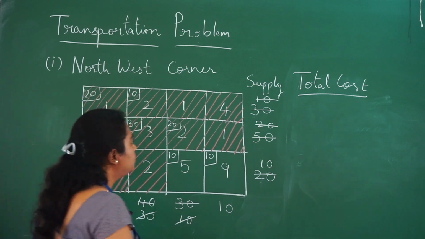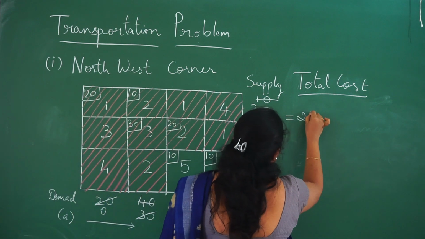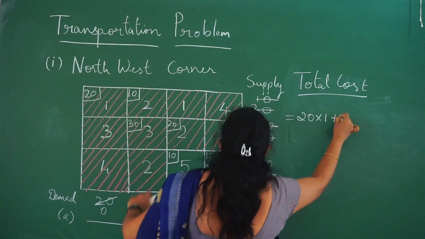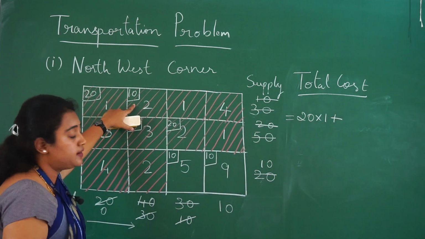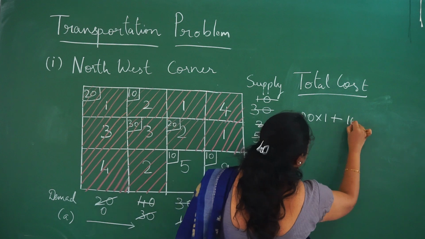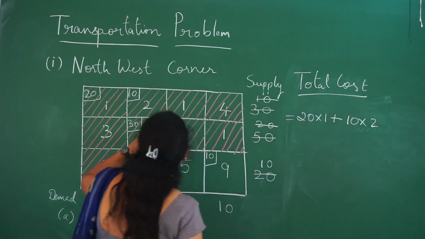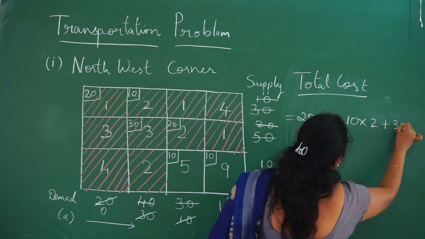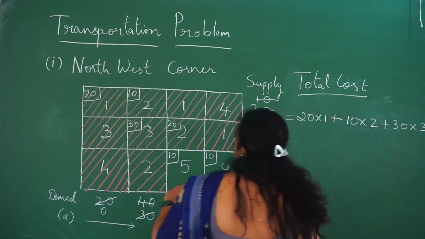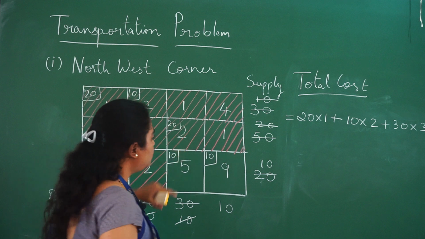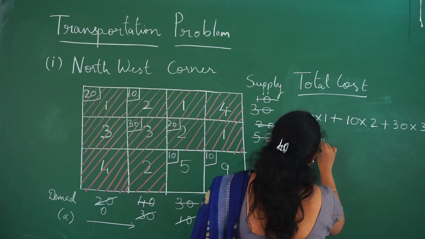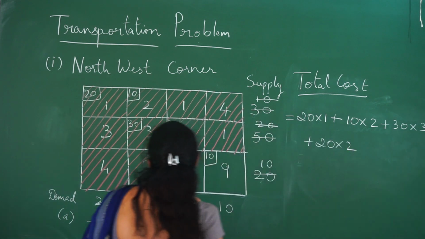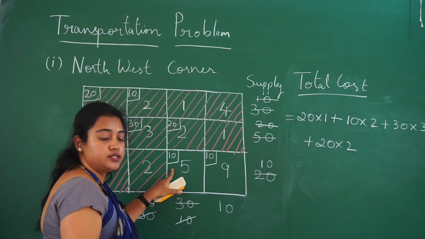So it is 20 into 1. Then you can see the next cell, 10 into 2. Go with the next cell, that is 30 into 3. Then the next cell, 20 into 2. Next is this cell, 10 into 5.